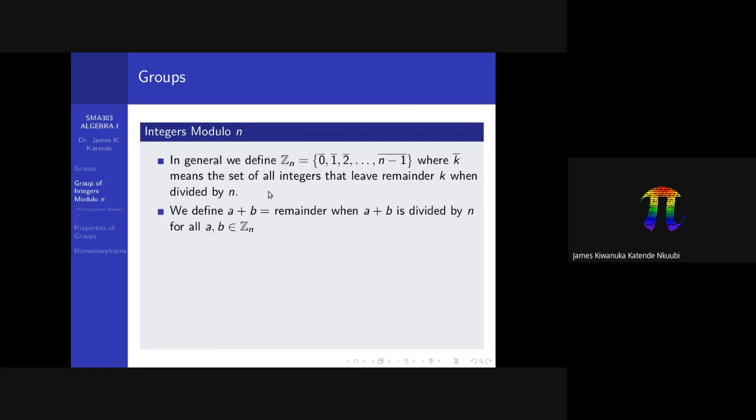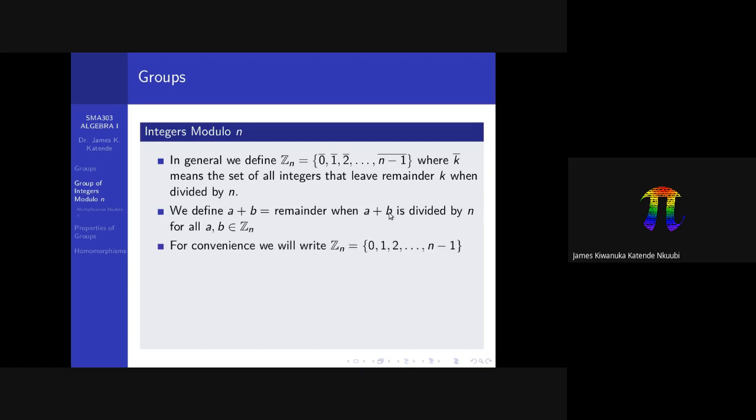We can define addition modulo n to be the remainder when a plus b is divided by n. You just do the usual addition, then divide by n, and your answer is the remainder when you divide by n.